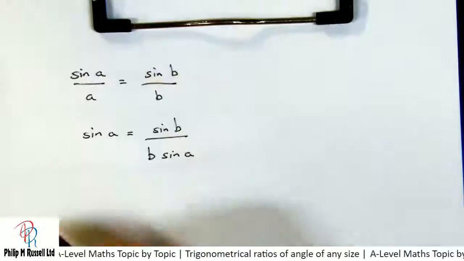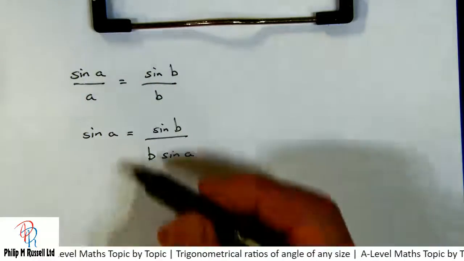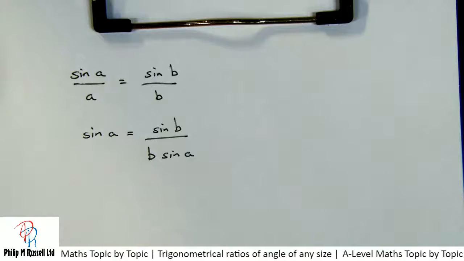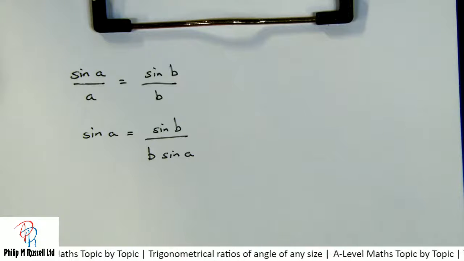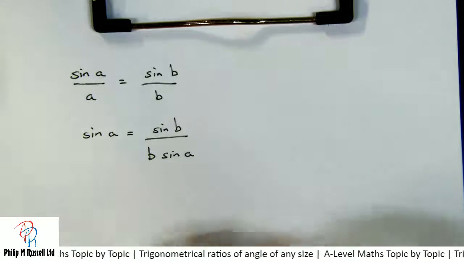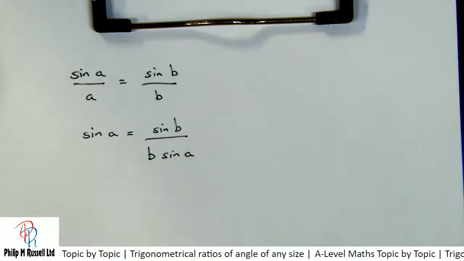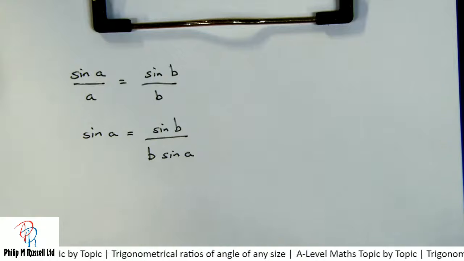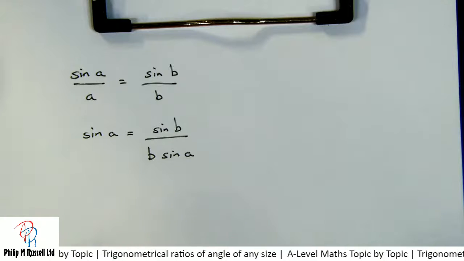And this gives us a series of different ways of solving some different problems. And we look at typically a triangle, and you can try and work out various things.